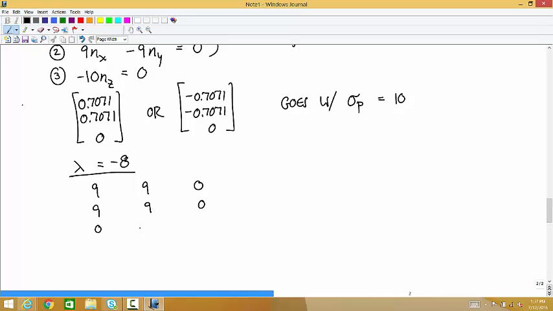Third row we have 0, 0, positive 8. Multiply these by nx, ny, and nz, and set it equal to the 0 vector.